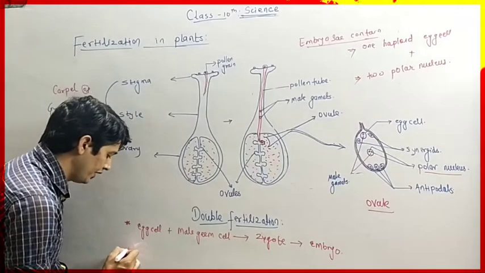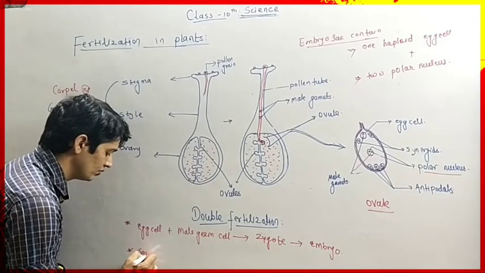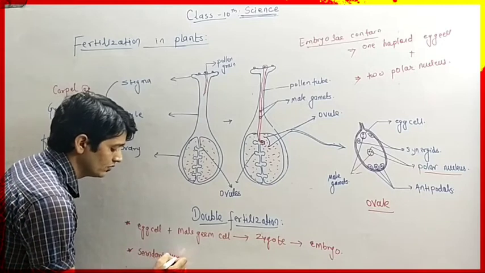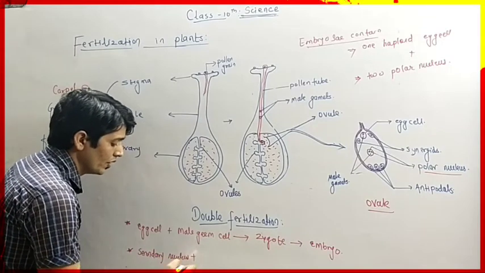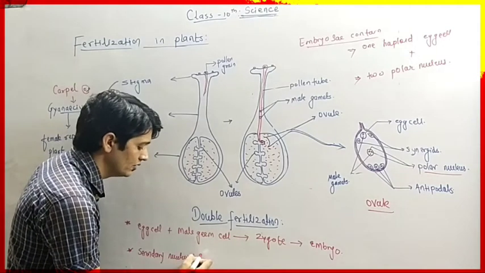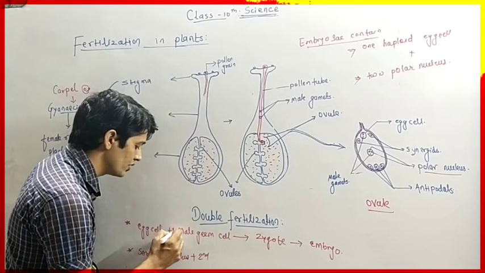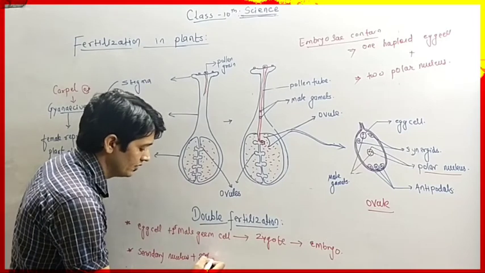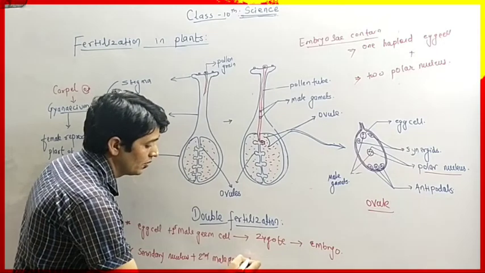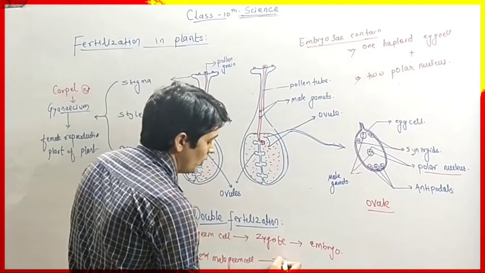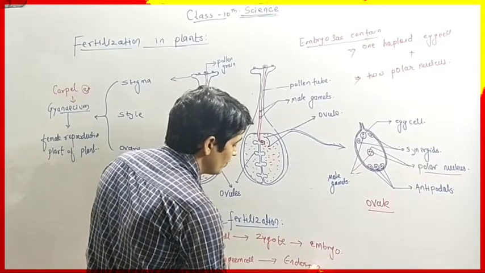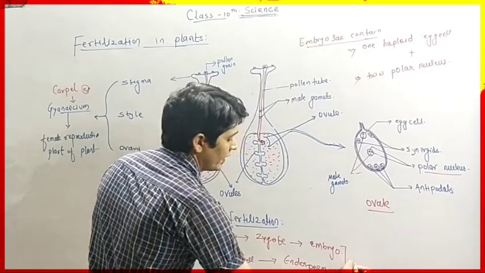Then secondary nucleus fuses with the second male germ cell to form endosperm, and together they form seed.